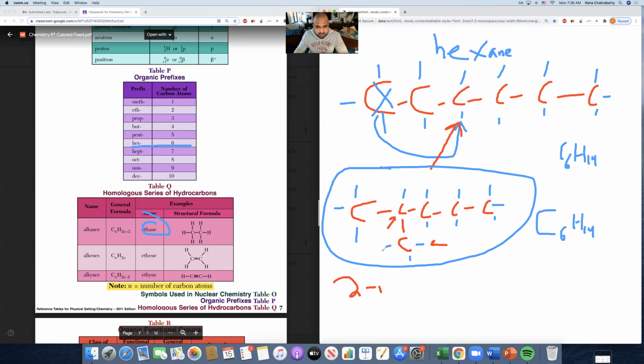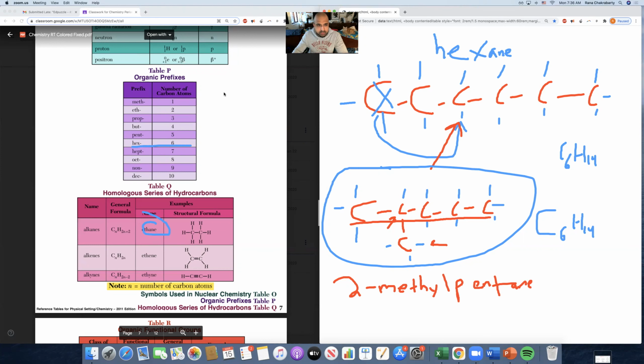And how many carbons coming off of it? If it's just 1, 2-methyl. Right? Then if you remember the last video, what's the longest chain? The longest chain is 5. It should be 2-methylpentane. So that's one isomer of hexane.